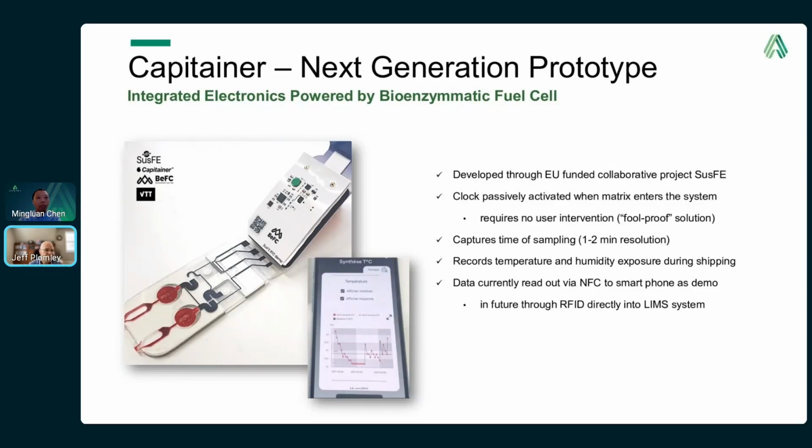The resolution of capture time is 1 to 2 minutes, and the data is currently read out via NFC to a smartphone, which is exemplified here as a demo, but in the future, it'll be read out through RFID, so radio frequency identification, and that'll go directly into a LIMS system.